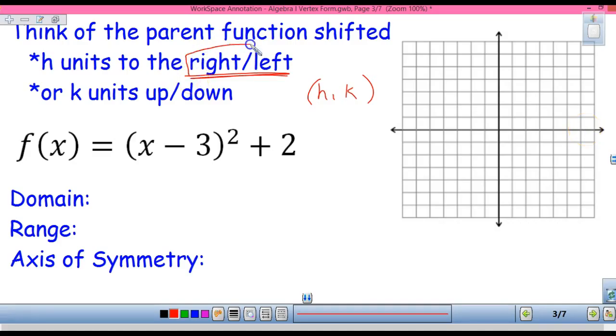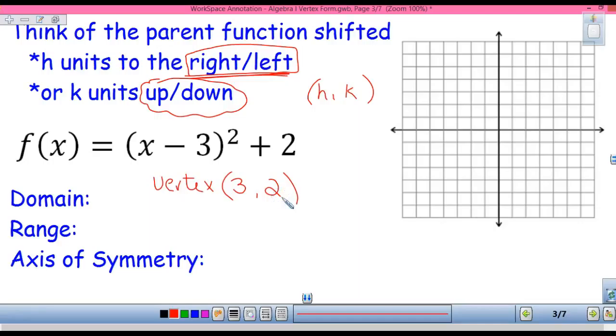Okay, so my h is going to move things left and right. My k is going to move things up and down, because that's my y, and my y goes up and down. Right? All right, so in this case, my vertex is what? 3, comma 2.